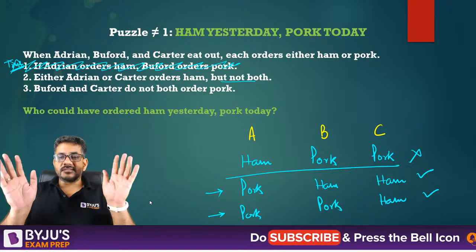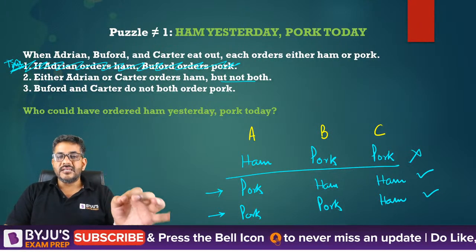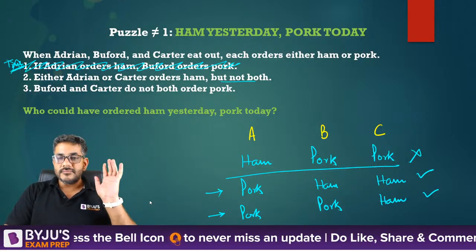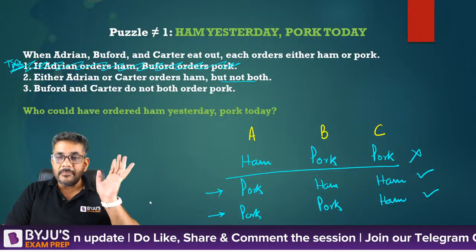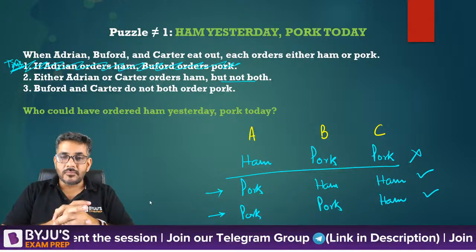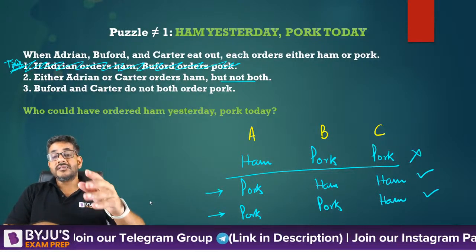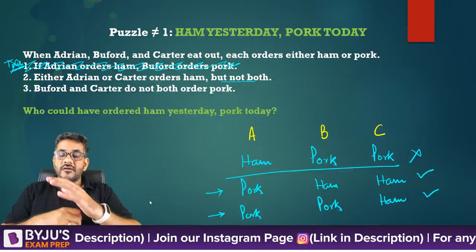But in these two cases, what do I see? I see that Adrian always orders pork, and C, that is Carter, always orders ham. But when I talk about Bufford, Bufford orders ham in one of the cases and orders pork in one of the cases.